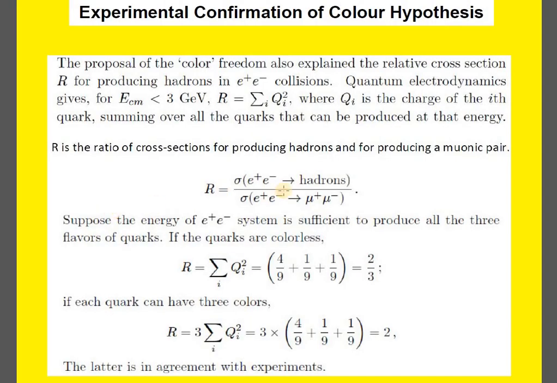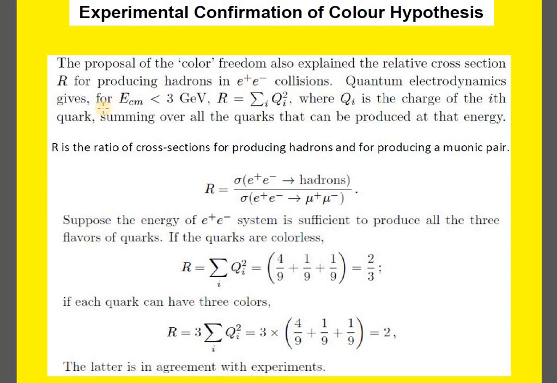Now let me talk about the third topic. I did talk about the color hypothesis in lecture 4. Now, how to confirm it experimentally? The proposal of quark color also explains the relative cross-section R for producing hadrons in e plus e minus collisions.